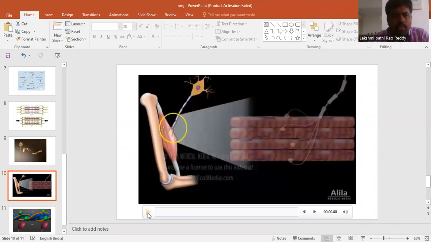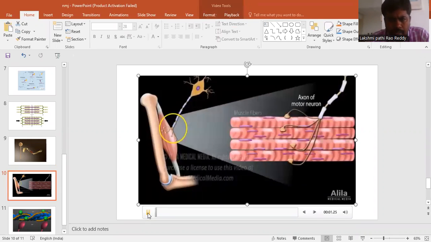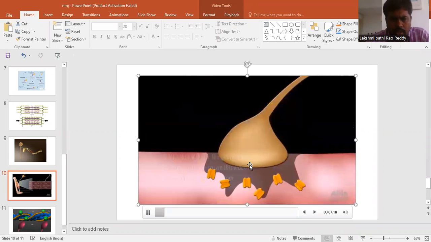Now in this video, these are the muscle fibers. These are the nerve terminals which are acting on these neuromuscular junctions. We can see the release of the neurotransmitter acetylcholine, and it binds with these. Yes, these are the nicotinic receptors.